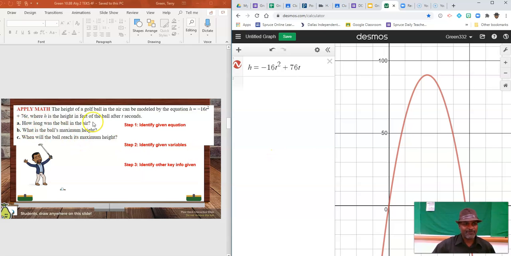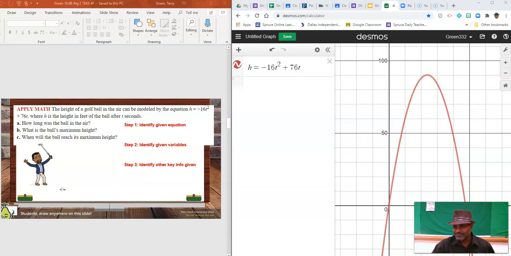So if I want to figure out how long the ball is in the air, I look at the timeline. See, h is the height in feet of the ball after t seconds. Okay, so this is the timeline. That's t. So if I click right here, if I can just get this thing to click right there.